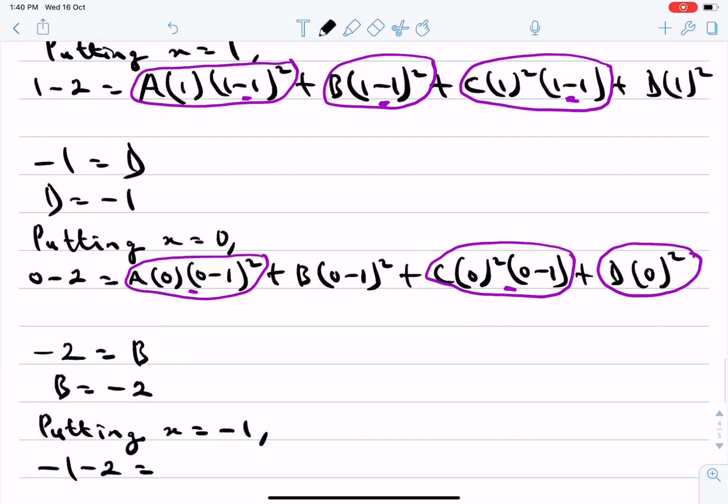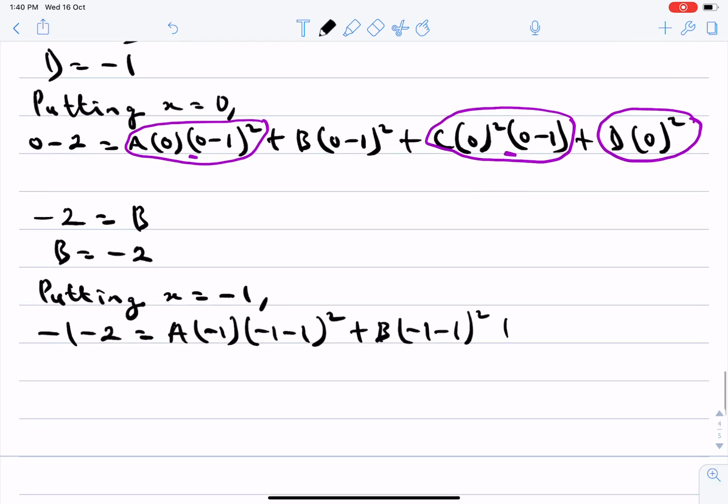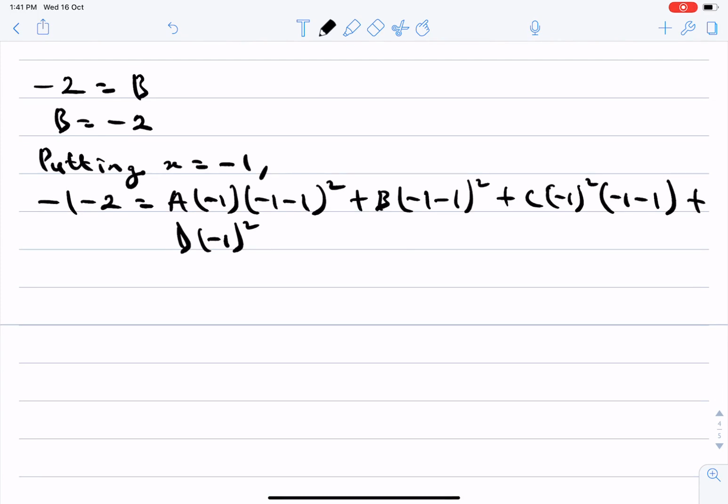Minus 1 minus 2 equals a times minus 1 times (minus 1 minus 1) squared plus b times (minus 1 minus 1) squared plus c times (minus 1) squared times (minus 1 minus 1) plus d times (minus 1) squared. And this simply means minus 3 equals minus 2 squared is 4 times minus 1, that's minus 4a.